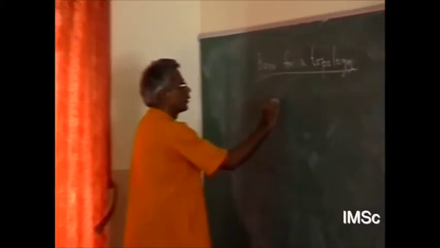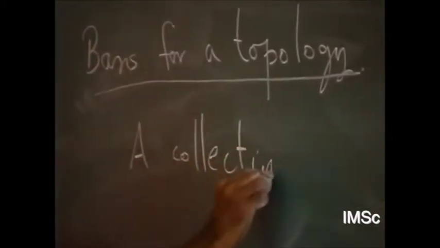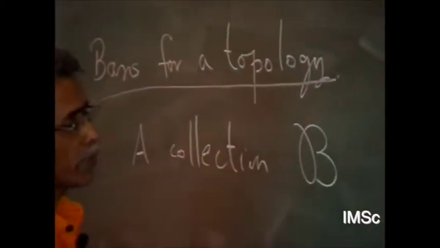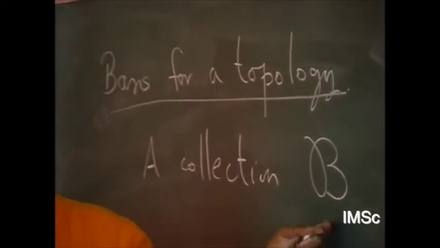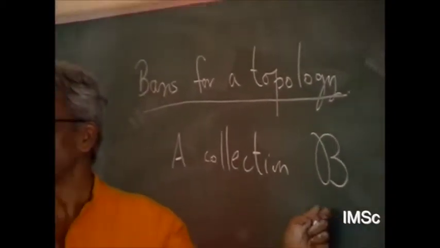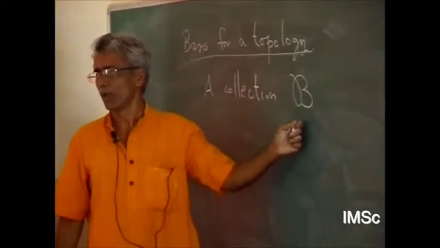So a collection B. The choice of this alphabet B is to remind you that you are trying to generate open balls; they should have properties of an open ball.